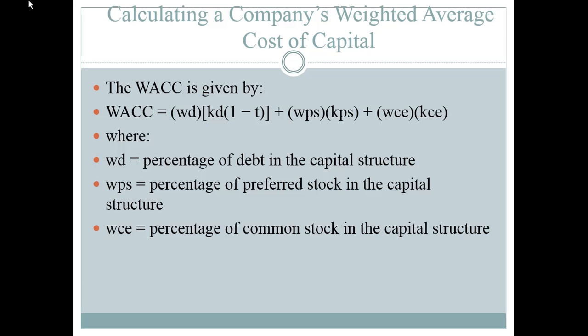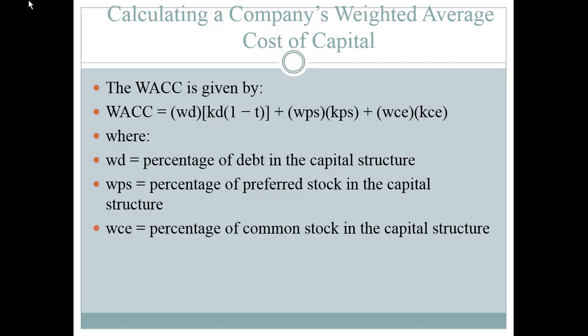And then we move on to calculating the company's weighted average cost of capital. The company's weighted average cost of capital, which is also known as WACC, is given by WD, which stands for the percentage of debt in the capital structure.